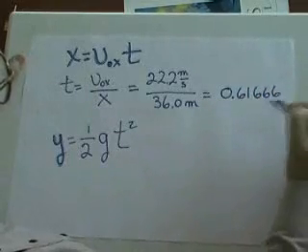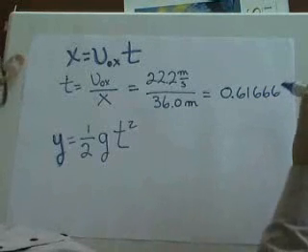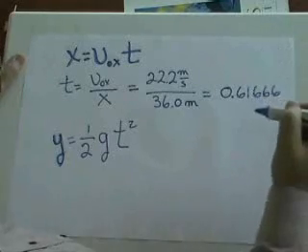Now, I'm not going to round off at this time. I'm going to use the full calculator number because we don't want to introduce any other error just yet. We round off only at the very final answer.